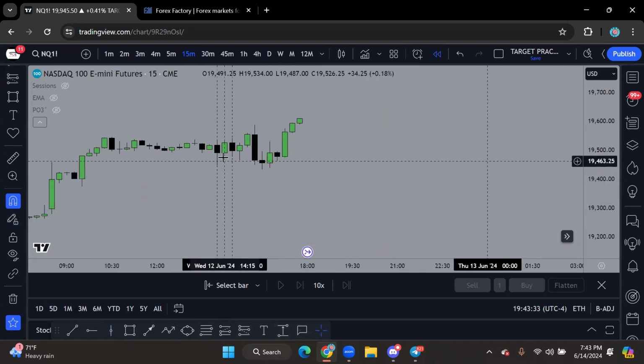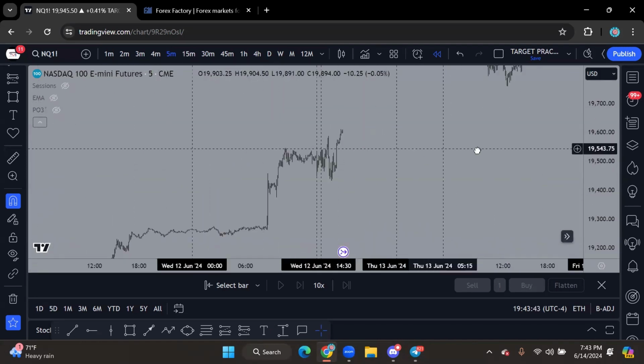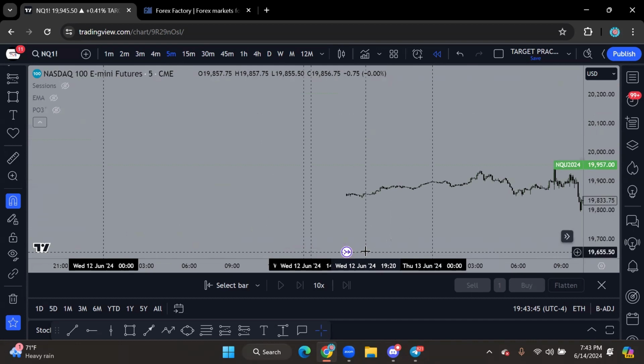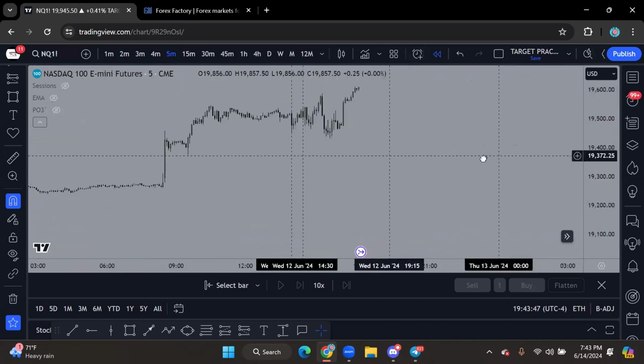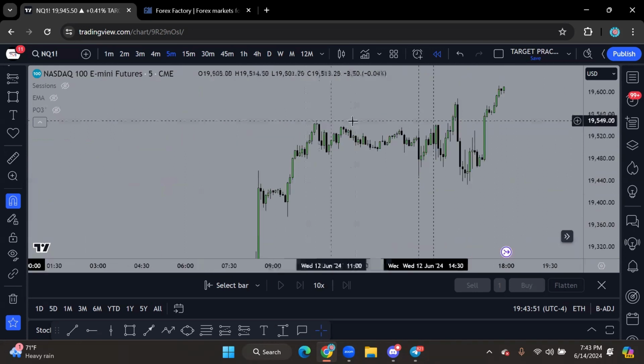This is the 2 o'clock news, the first one that comes out, and then the 2:30 comes out. If we're looking at the lower time frames, which a lot of traders who trade ICT do, they're looking at price making new all-time highs, right?